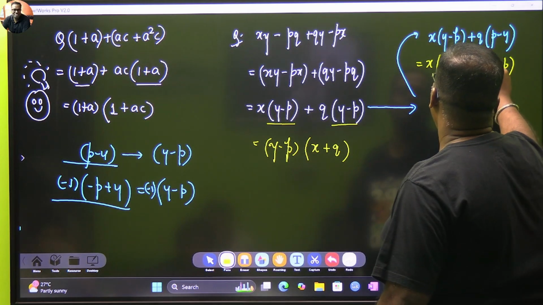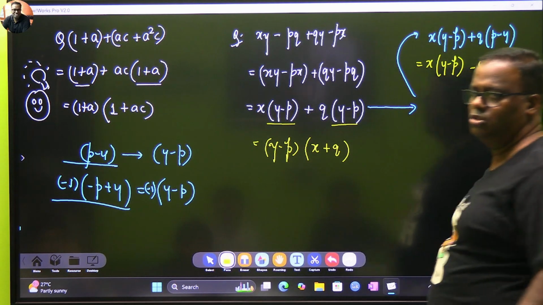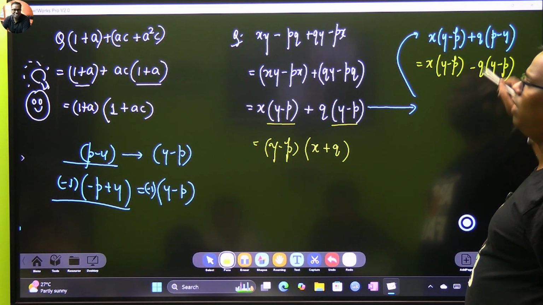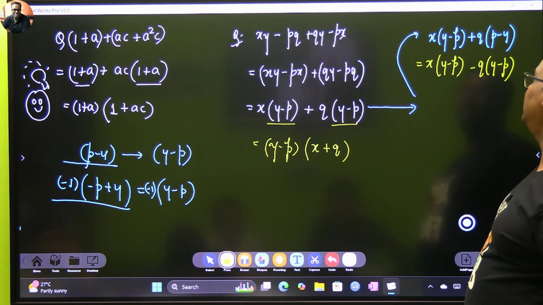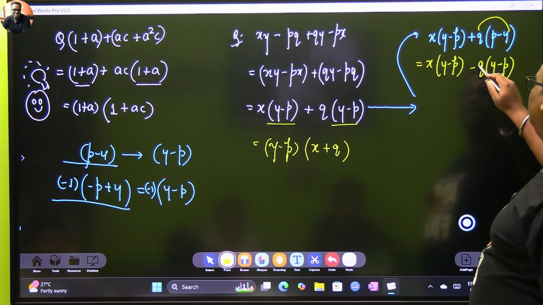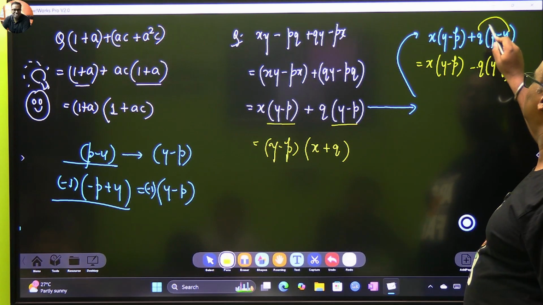I will maintain the q, but since the minus 1 has come outside, this plus will become minus. That's all. Now you check, it's like the same step. Negative q into y is negative qy. And negative q into negative p is positive qp.